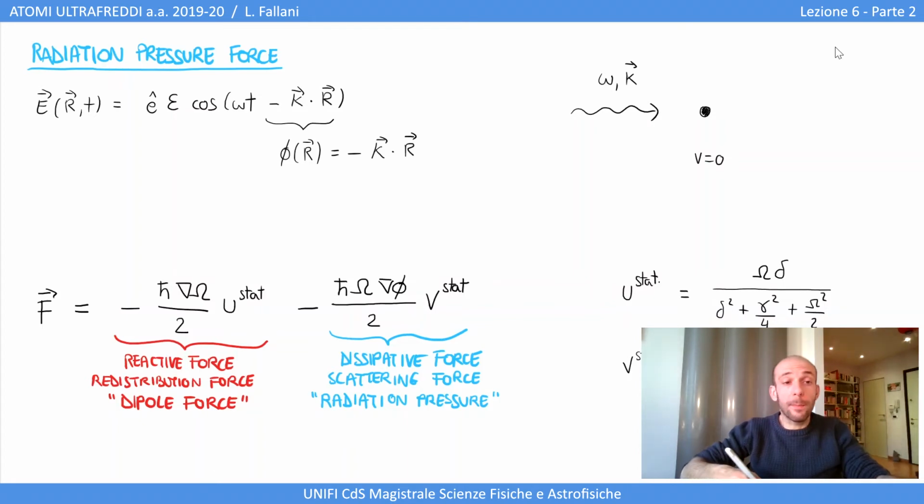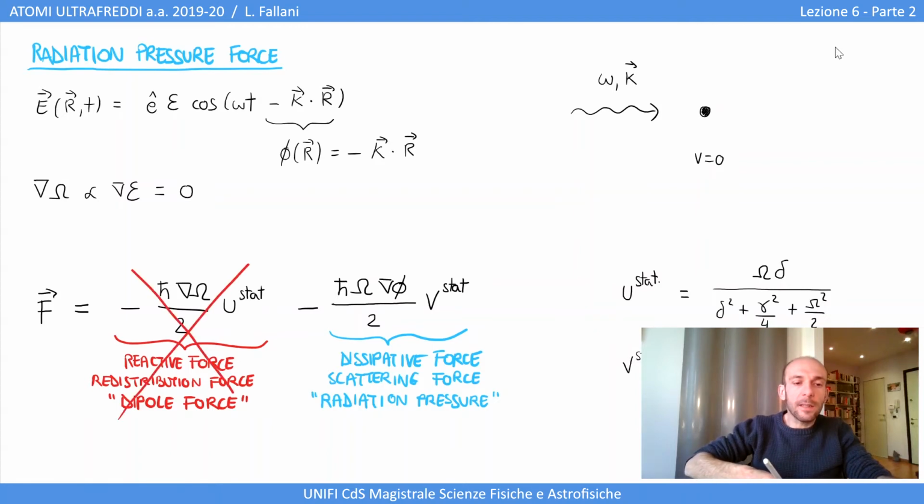And since we have just a plane wave, the gradient of the Rabi frequency, that is proportional to the gradient of the amplitude of the field, is equal to 0. So this means that the dipole force in this case is equal to 0, because the dipole force is non-zero only when you have some gradient of the amplitude of the field. While in a plane wave the intensity is uniform, and so you don't have this contribution here.